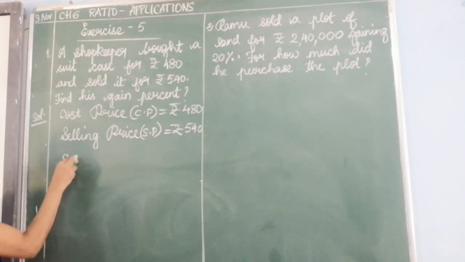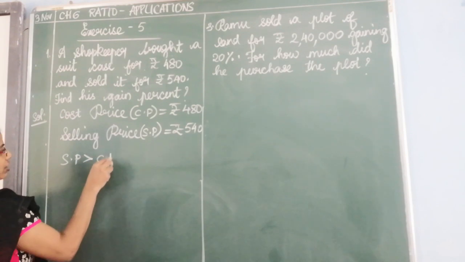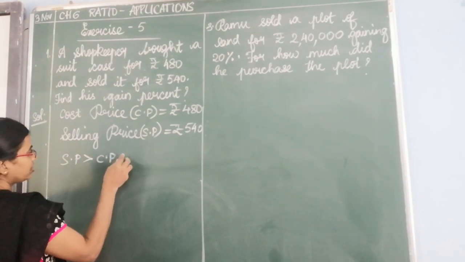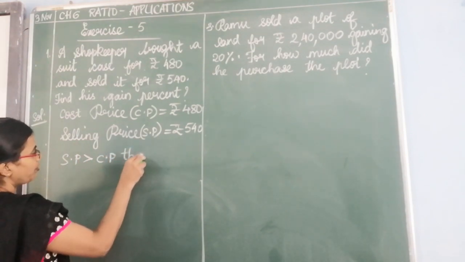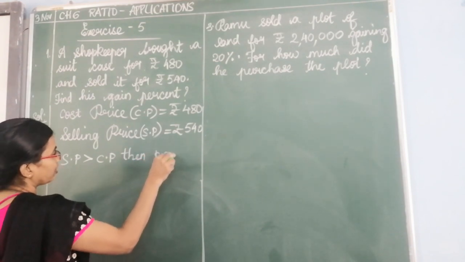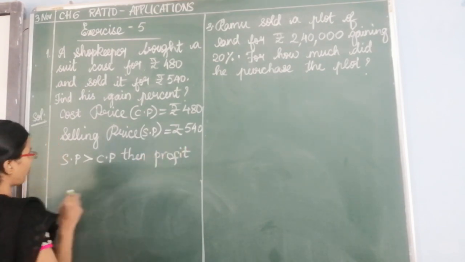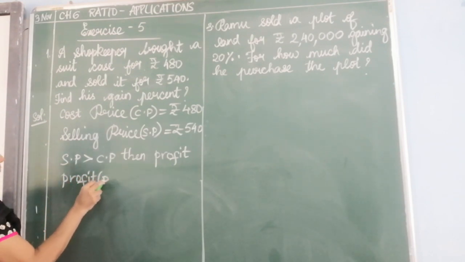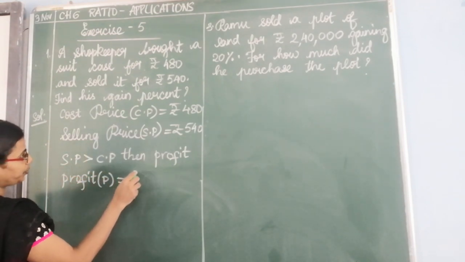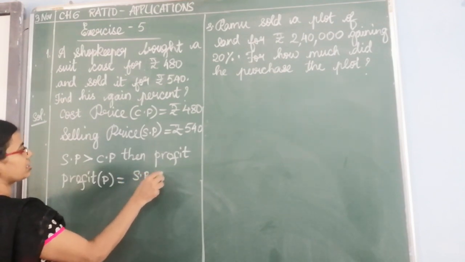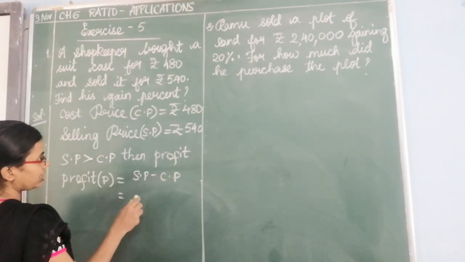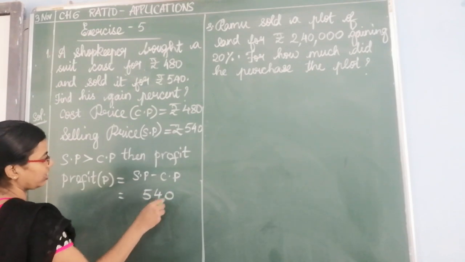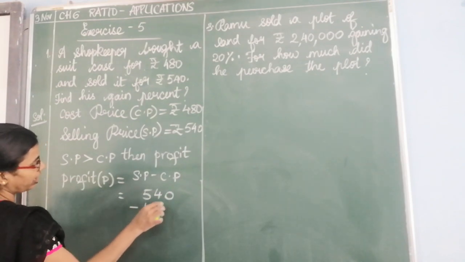So here you know that selling price is greater than cost price, so this implies it's a profit. How to find out the profit? The formula is profit or gain, P is equal to SP minus CP. So it's 540 minus 480.